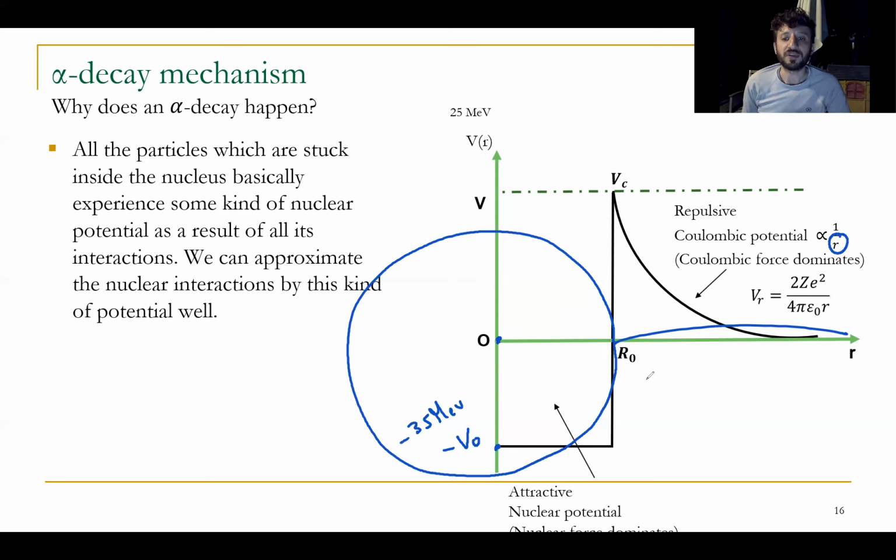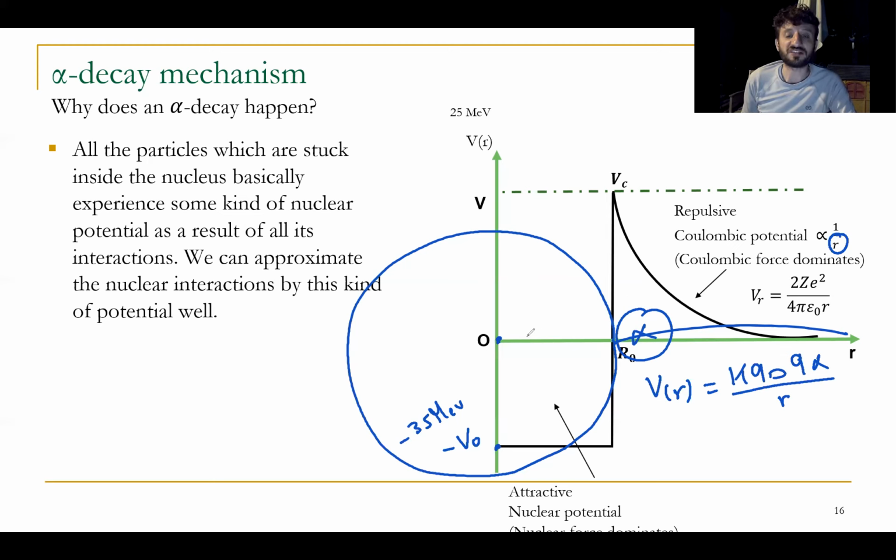And this repulsive potential energy will be inversely proportional to R. In general, V as a function of R equals K Q of the daughter, because when the particle is outside the nucleus, we talk about Q of the daughter, times Q of the alpha particle, divided by R. The alpha particle is positively charged, and the nucleus is positively charged.